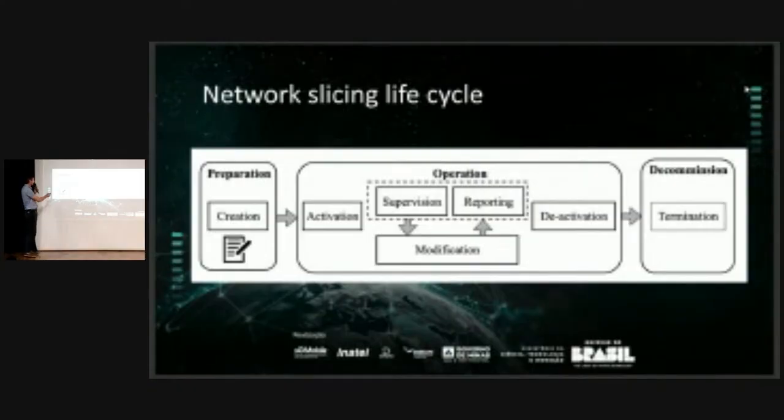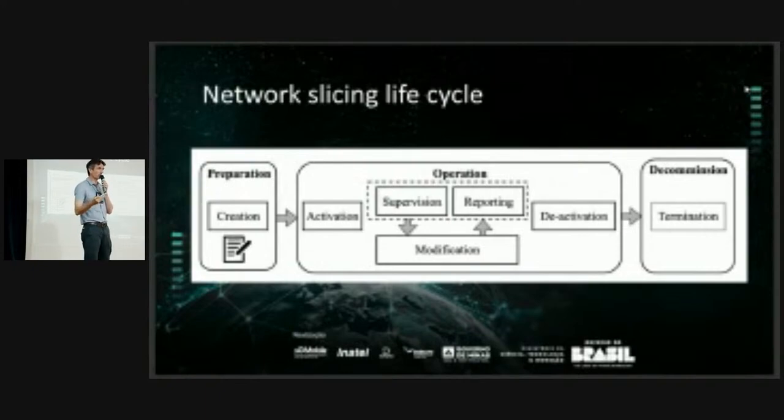The first part of the life cycle is the preparation. For example, one operator, one slice as a service, receives one template, okay, I need one slice, and we specify details for this slice. And these details are standardized by a standardization body.